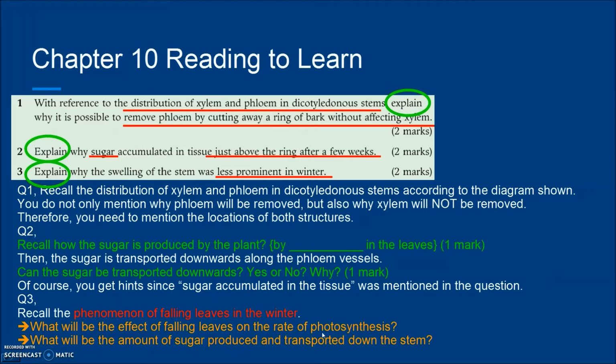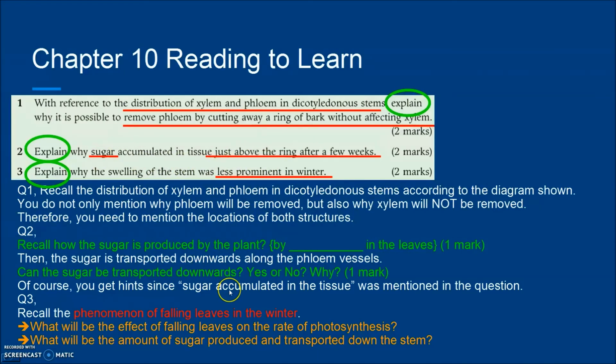This question just mentioned one factor, but there are other factors in the environment for you to think about. So in this question I hope you know how to express your answer in a logical way.